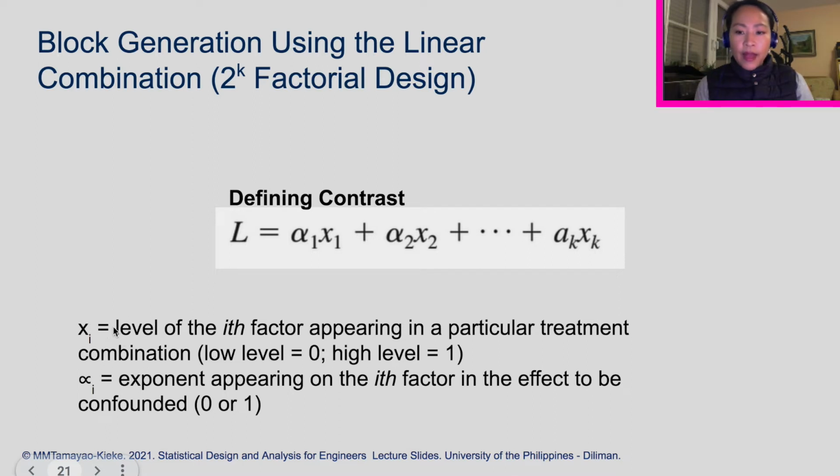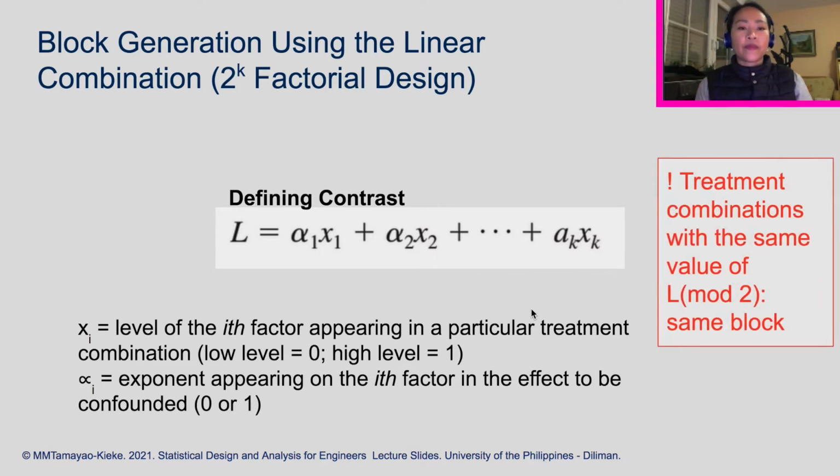And x sub i is equal to the level of the i-th factor appearing in a particular treatment combination. For low level, it's 0, and high level is equal to 1. Alpha i is equal to the exponent appearing on the i-th factor in the effect to be confounded, and this would be 0 or 1. Now, treatment combinations with the same value of L modulus 2 would be assigned to the same block.